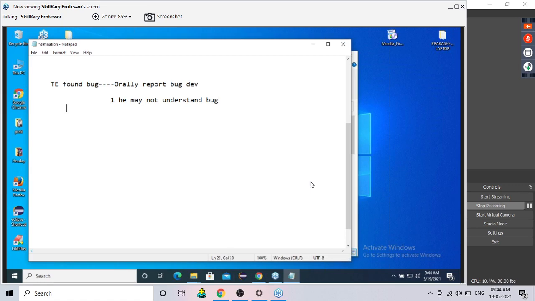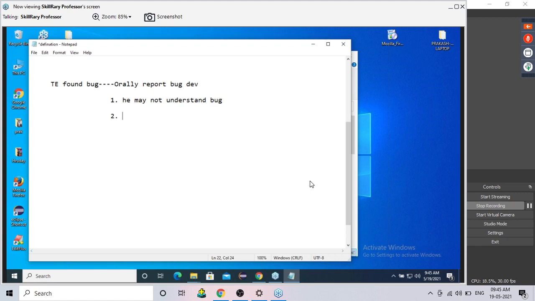Second problem, guys: in a day, will you find one bug or multiple bugs? Multiple bugs will be found. Suppose orally you are informing the developer of 10 or 12 bugs. At 9 o'clock, hey developer, inbox mails are not coming.